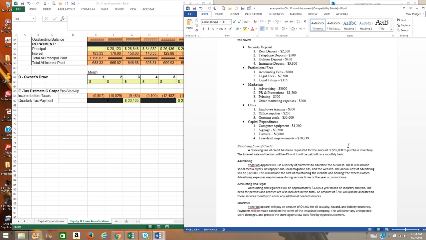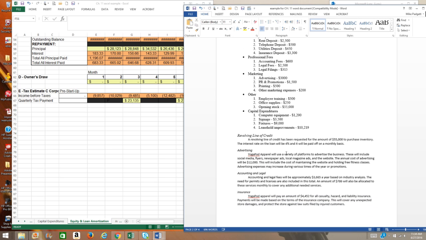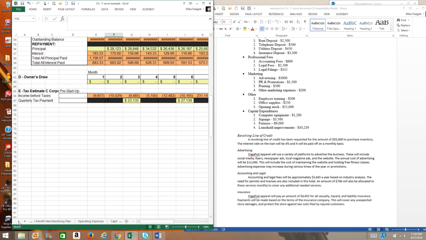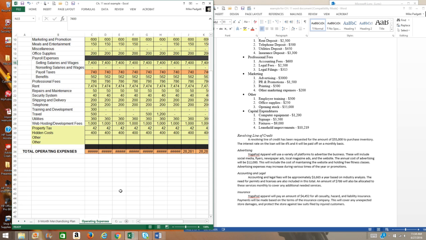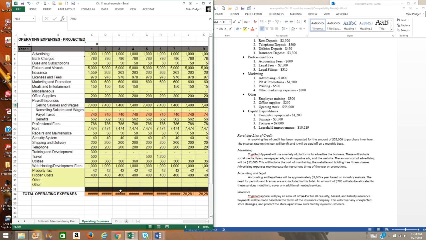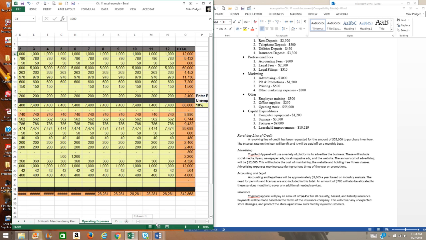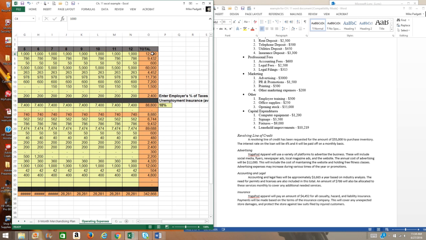And then next, you would look at advertising. For your advertising, this is also going to be what you estimated in operating expenses on that sheet. So at the top was advertising, and you should have put in how much you plan to spend each month, and then it gives you the total at the end. So that's where I got the $12,000.